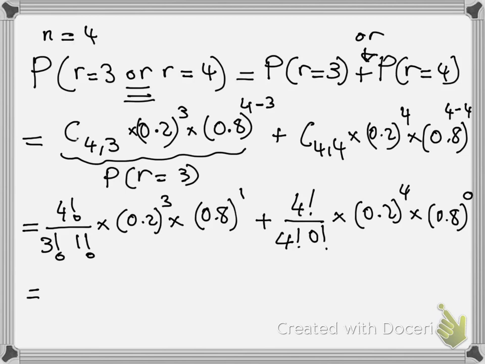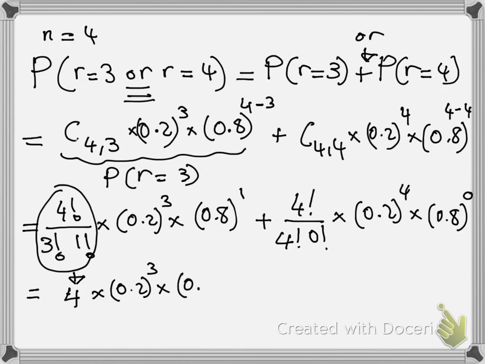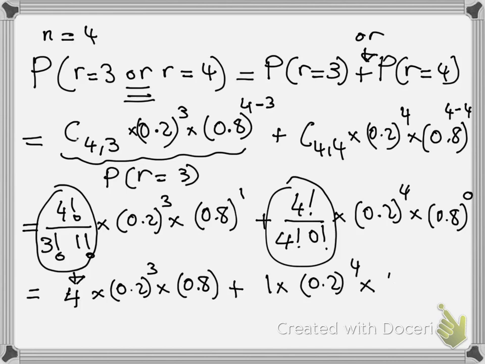Now, 4 factorial over 3 factorial is going to be equal to 4 times 0.2 cubed times 0.8, plus this thing here, 4 factorial over 4 factorial times 0 factorial. We said 0 factorial is 1, so this is going to be equal to 1 times 0.2 to the power 4 times 1.